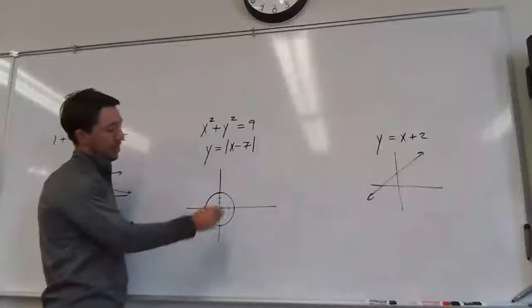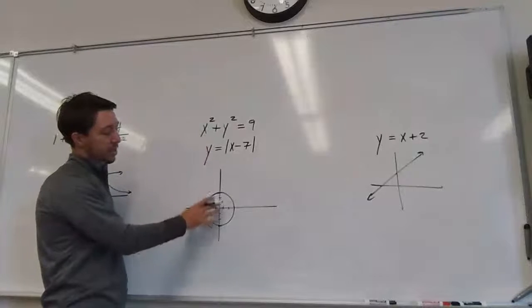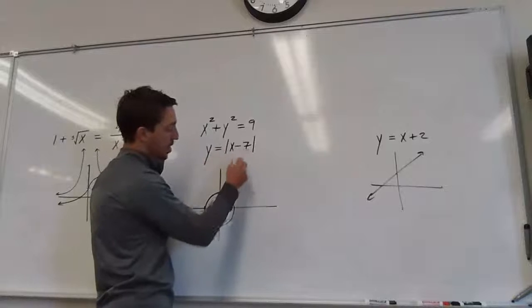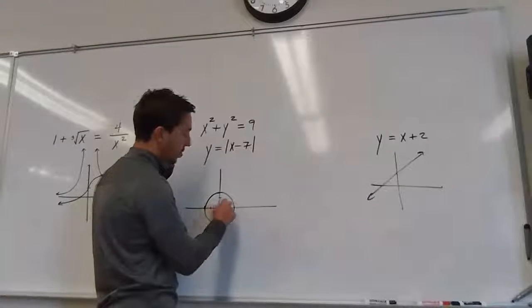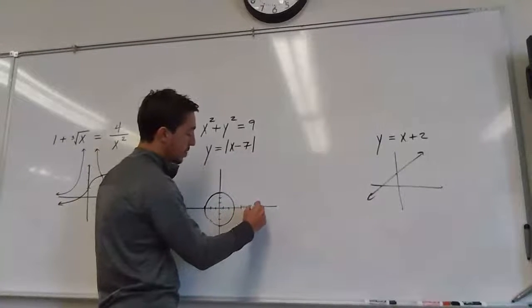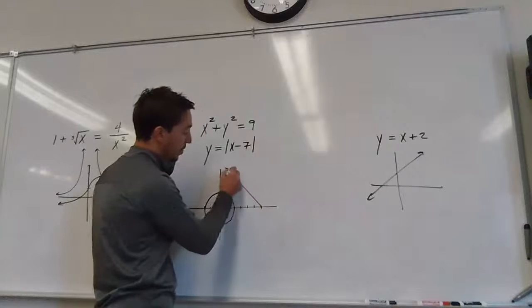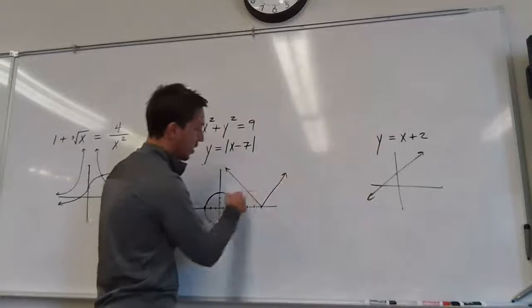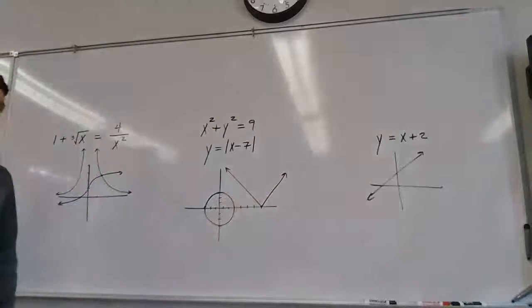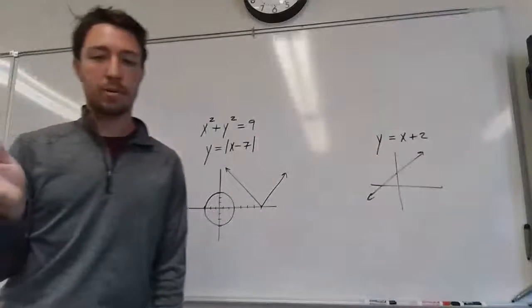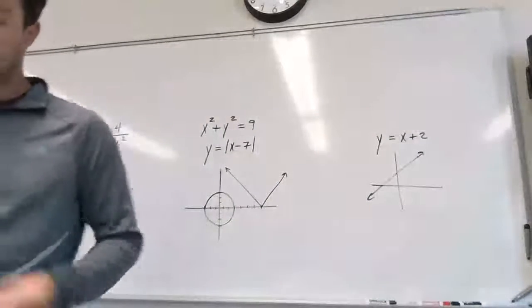I think it's helpful for a question like this because it really will help me visualize. This is 3, so the circle's radius is 3, but this absolute value is shifted way over to 7. And I know that the slopes of these arms are -1 and 1. So I can see it is impossible. There's no pair of numbers that works for this because the graphs never cross.